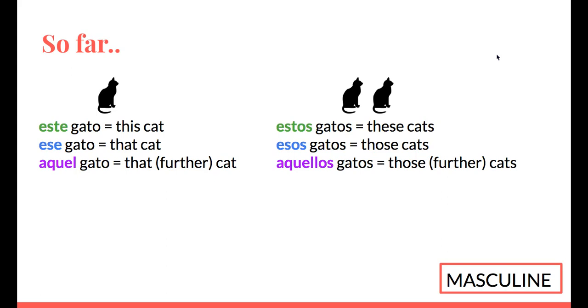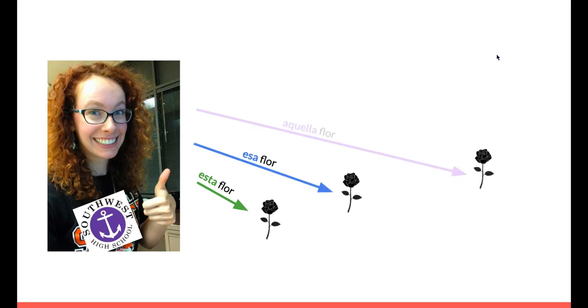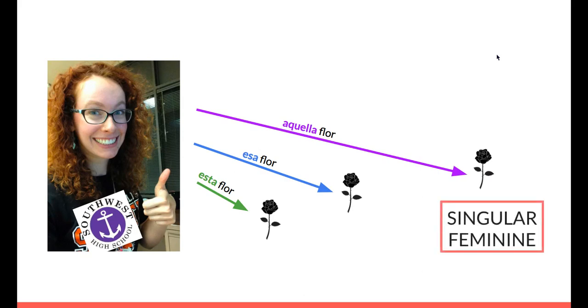But let's go on to feminine objects. So here's me again, pointing. This flower, I'll say esta flor. Esa flor. Aquella flor. So my demonstrative adjectives for singular feminine nouns like flor, la flor, I've got esta flor, esa flor, aquella flor.